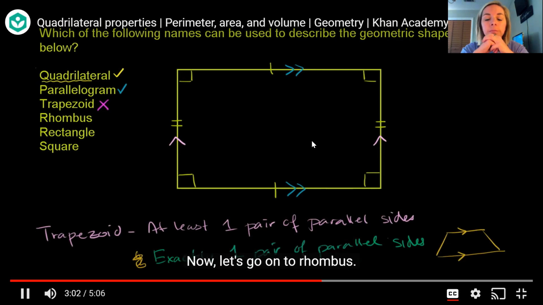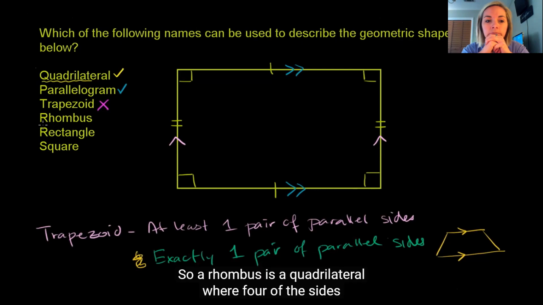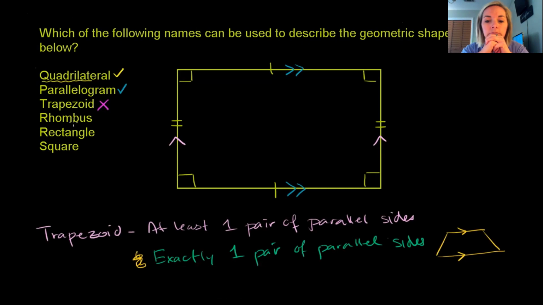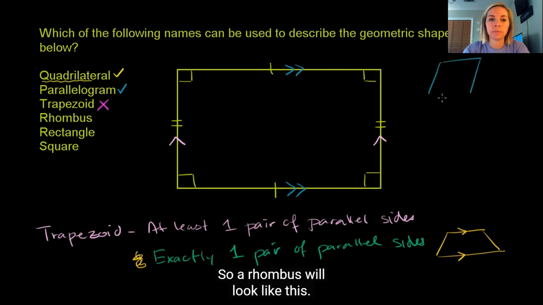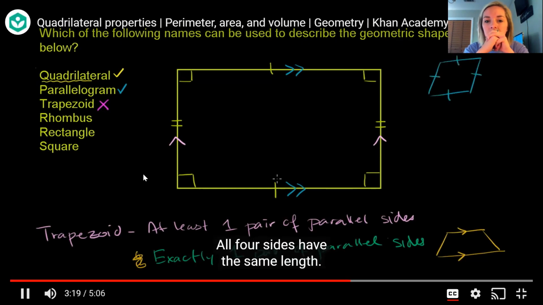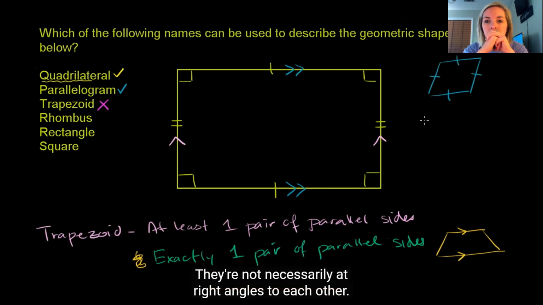Now let's go on to rhombus. So a rhombus is a quadrilateral where four of the sides are congruent. So a rhombus will look like this. All four sides have the same length. They're not necessarily at right angles to each other.